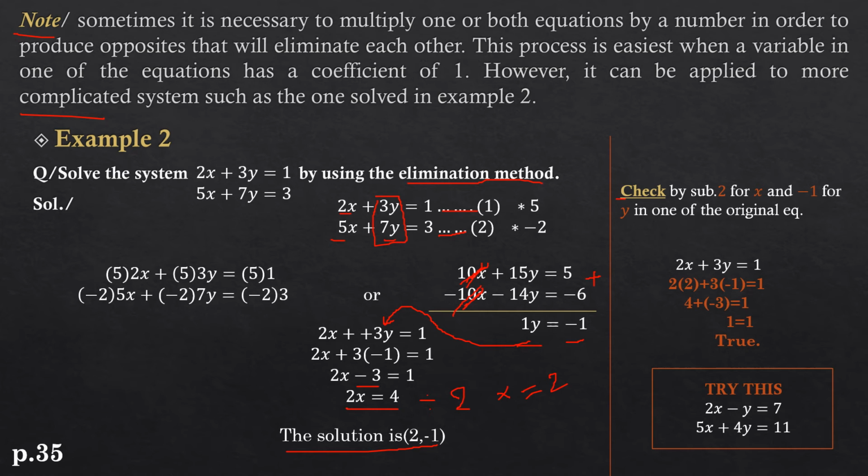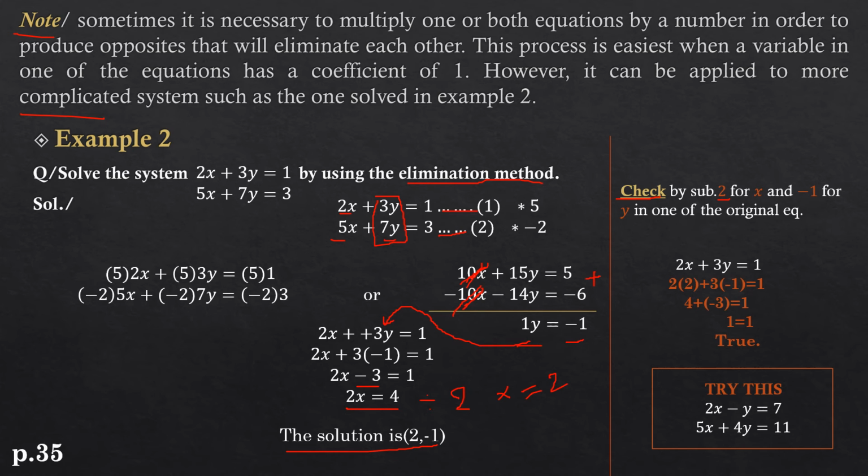On the right hand side, you have a check here. Check it to know that your solution is right. So by substituting 2 for x and negative 1 for y in one of the original equations, also choose the easiest one.